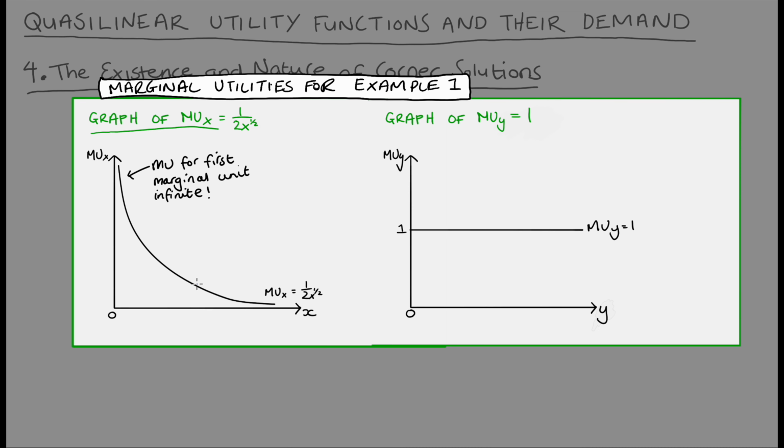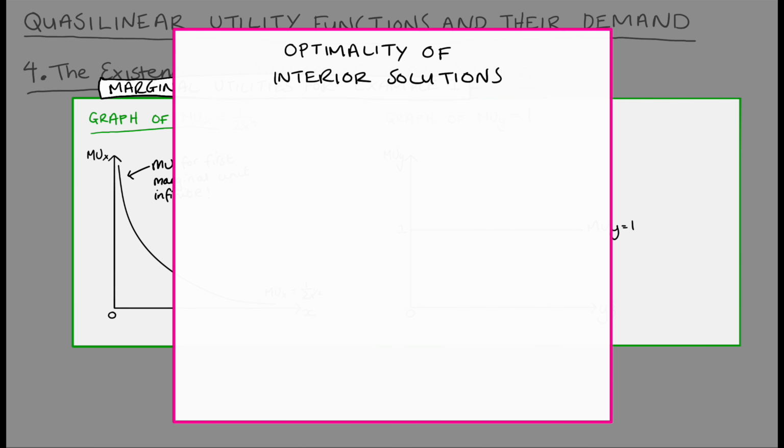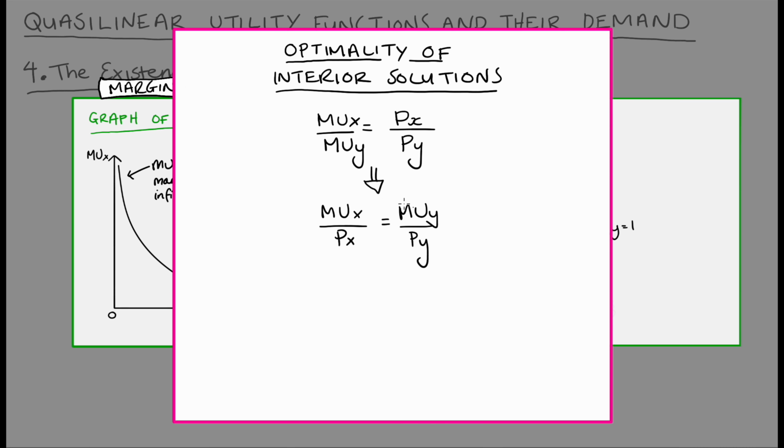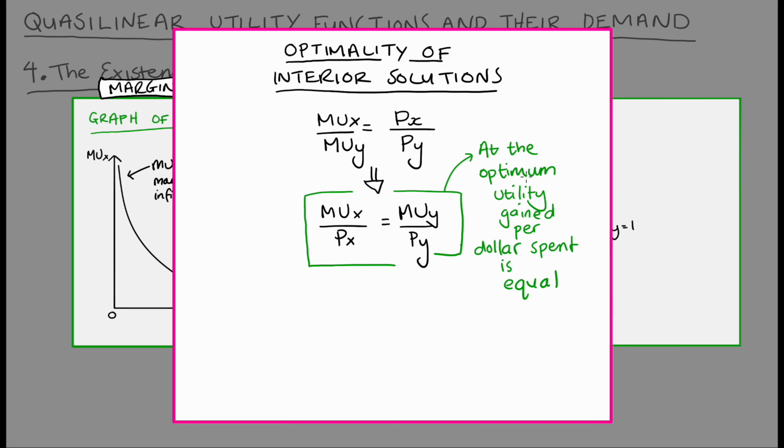Note that one way to think about our optimality condition for interior solutions. So when we set the marginal utility of x over the marginal utility of y equal to the price ratio, if we rearrange this, we get this condition that at the optimal, the marginal utility gained per dollar spent on x is equal to the marginal utility gained per dollar spent on y.